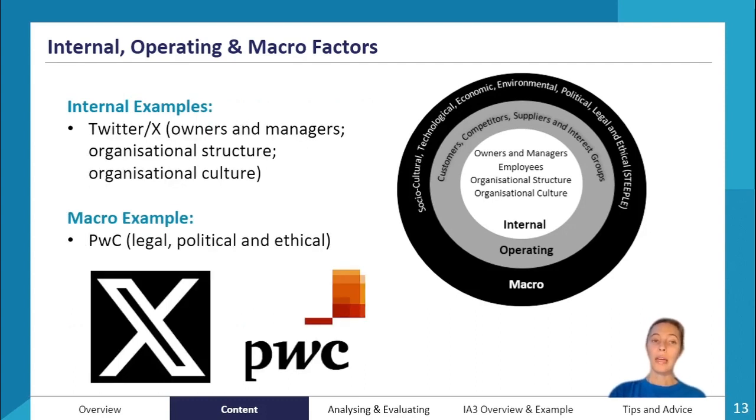A few other examples. In terms of internal, Twitter, or now it's called X, had some problems back when Elon Musk took over, and you could consider those internal things that led to decline. The business may not have continued to decline, but it's probably not as strong as it used to be. The different things that went into that: owners and managers.